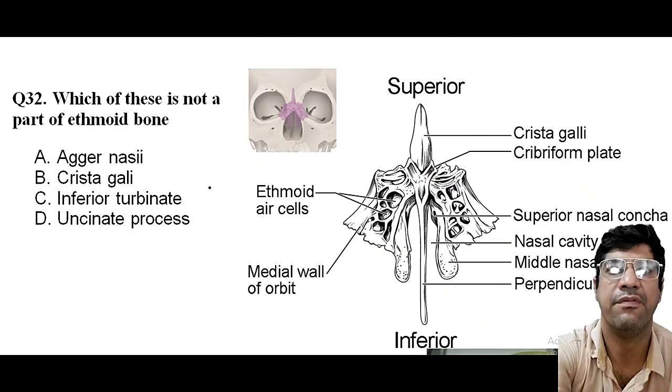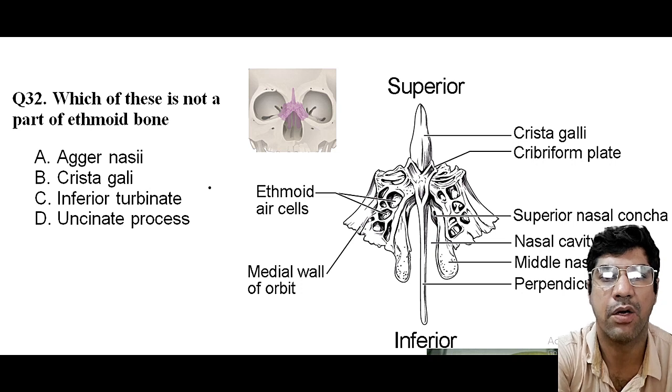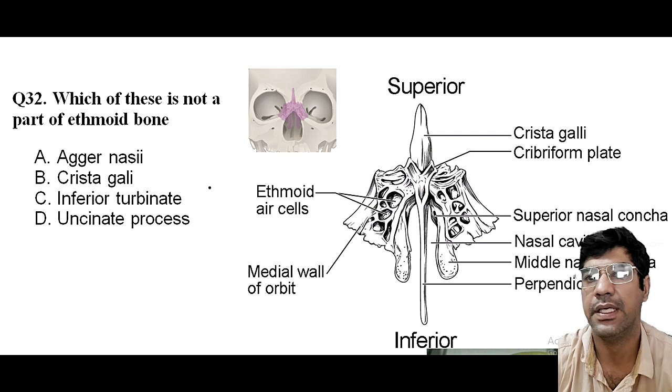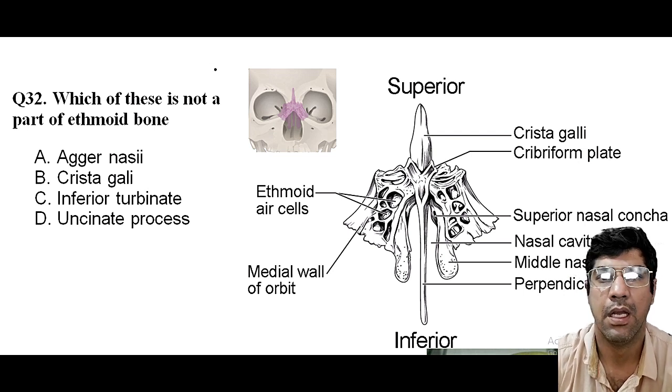Moving to the next question: which of the following is not a part of ethmoid bone? The answer is inferior turbinate. Well, agger nasi is a small bony ridge located in the upper part of the nasal cavity. It's part of ethmoid bone and it contributes to the nasal septum.